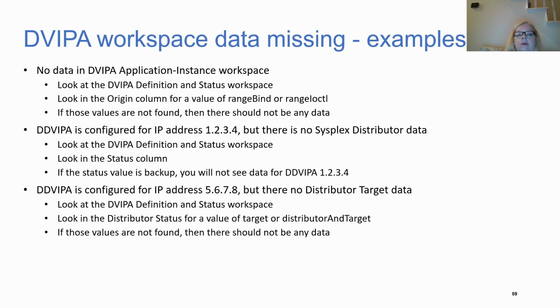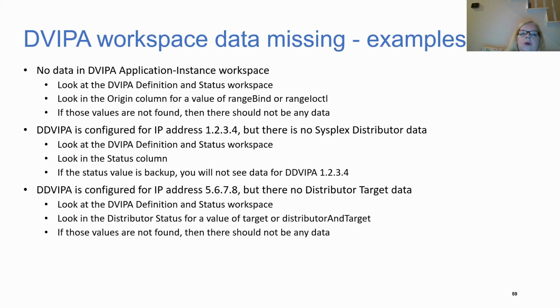Another scenario is you've configured a distributed DVIPA for IP address 1.2.3.4, but you're not seeing any Sysplex Distributor data in the Tivoli Enterprise Portal. So again, you're going to look at that DVIPA definition and status workspace. That's your configuration and live runtime data for your DVIPAs and distributed DVIPAs.